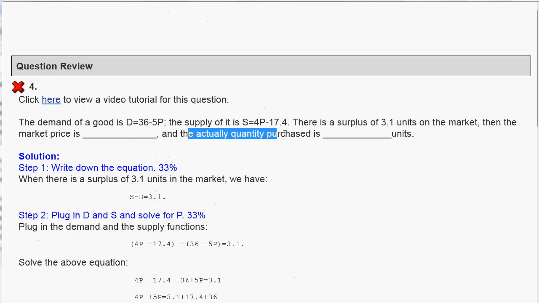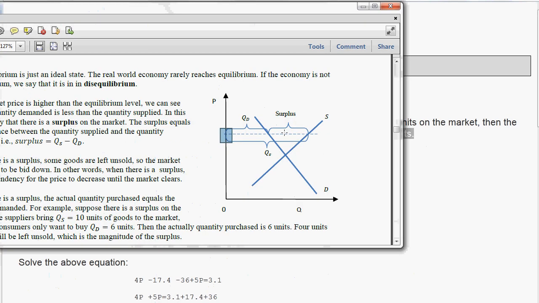Now remember, when the market is in disequilibrium, the actual quantity purchased is always the smaller one among QD and QS. Look at here. The firms bring QS units to the market. However, because the price is a little bit high, the consumers are only willing to buy this much.